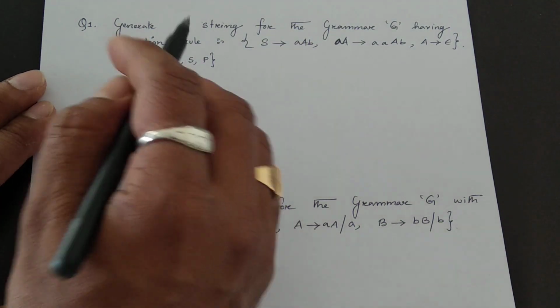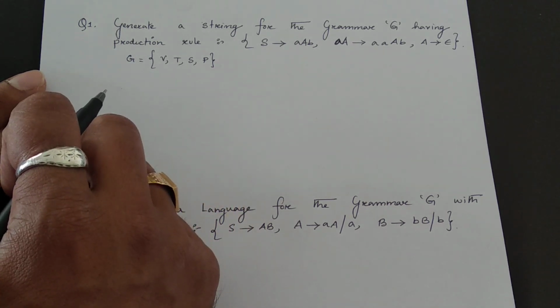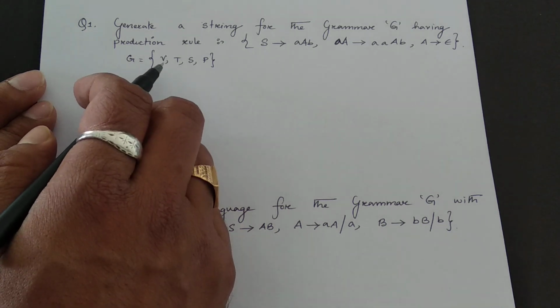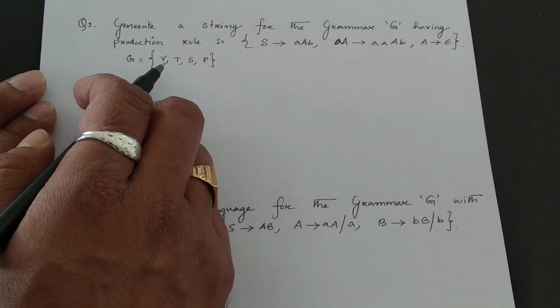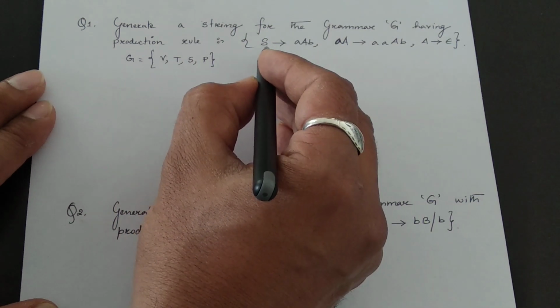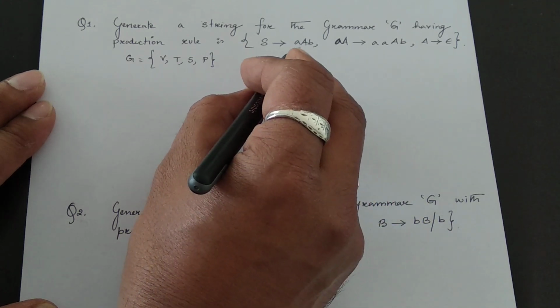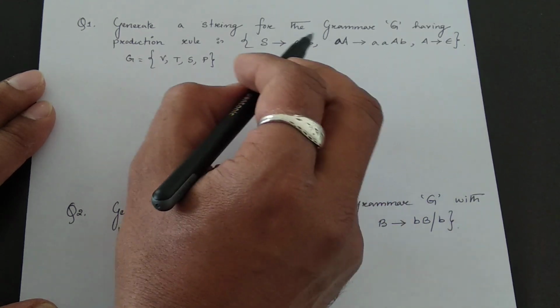Here V means the set of non-terminals. Again, I'm repeating to help you identify and memorize easily: the set of non-terminals are those which are capital letters, correct? So here the capital letters are S and A, only these two.